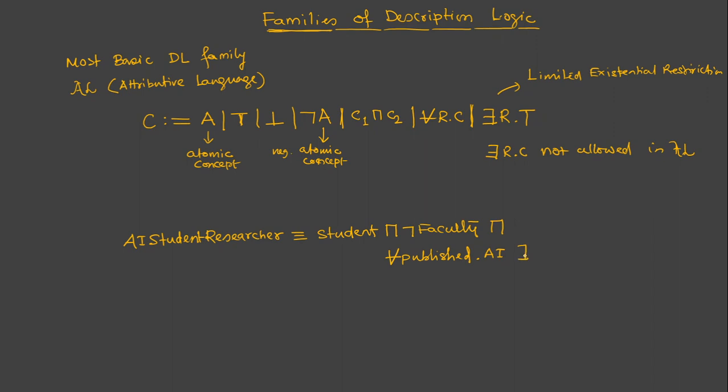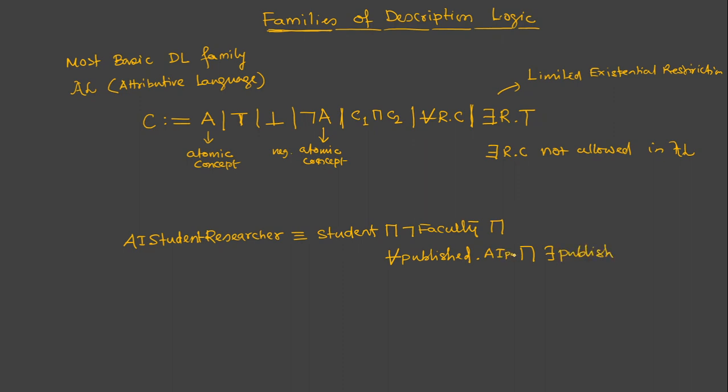And that makes sure that the individual has published at least one paper. Otherwise, we should not take that entity to be a researcher, right?